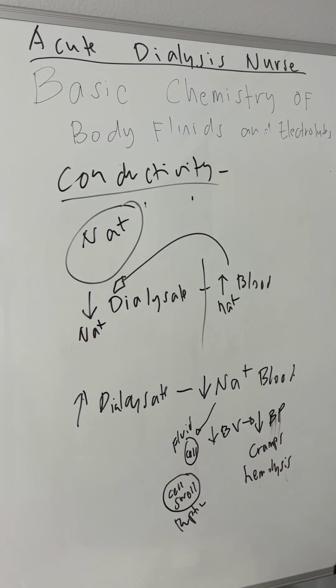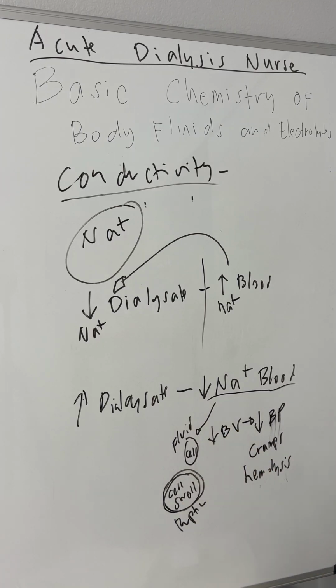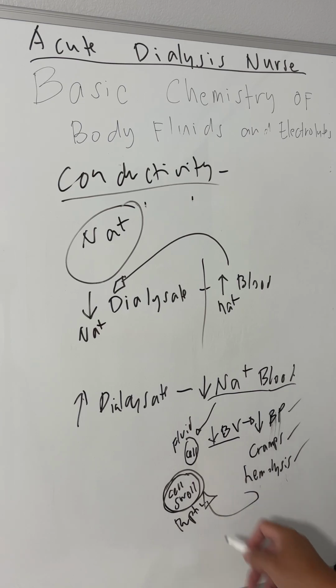So again, with low sodium in the dialysate, the sodium in the blood diffuses into the dialysate, causing low sodium in the blood. Now the response of the body is to push fluid back into the cell to normalize the sodium in the blood. Then too much fluid in the cell causes cell swelling, and low blood volume causes hypotension, cramping, and hemolysis from cell swelling.